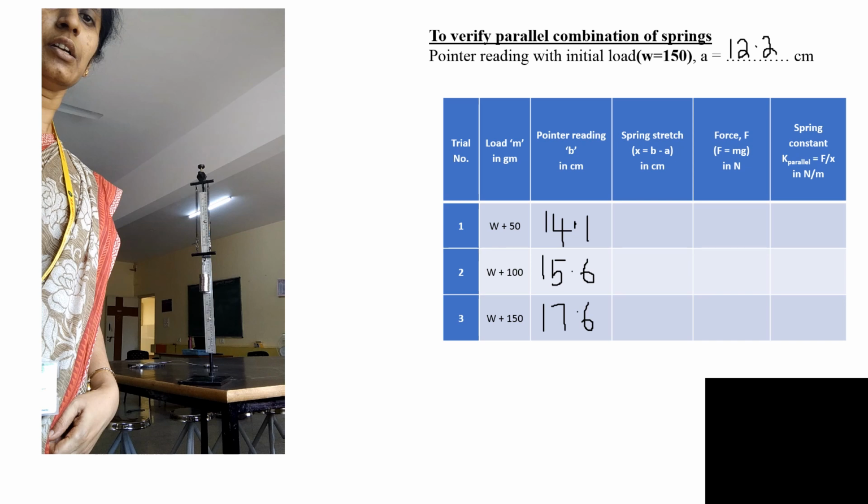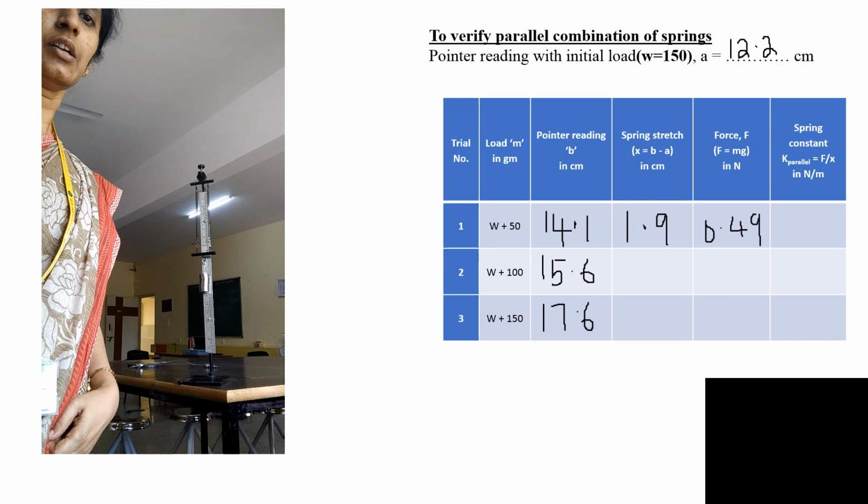First reading is 14.1 minus 12.2, which comes out to be 1.9. And mass into acceleration comes out to be 0.49 for 50 gram.